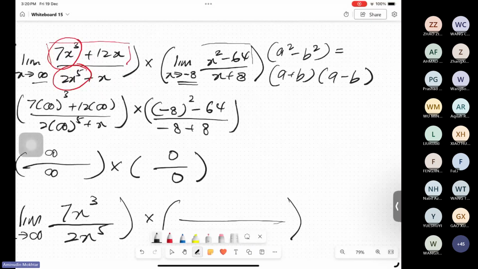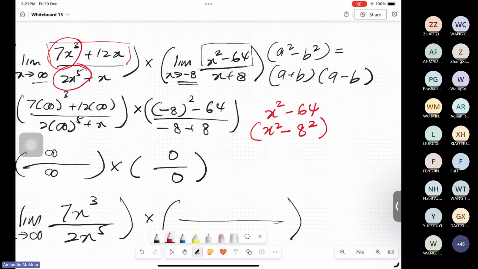From the numerator, we have x squared minus 64. This can be rewritten as x squared minus 8 squared, because 8 times 8 is 64.